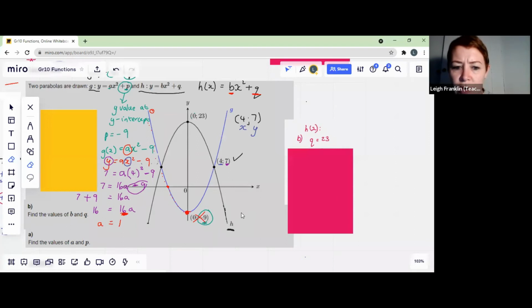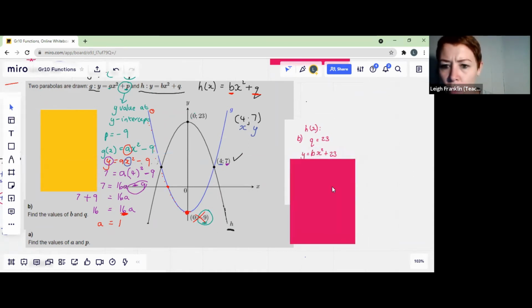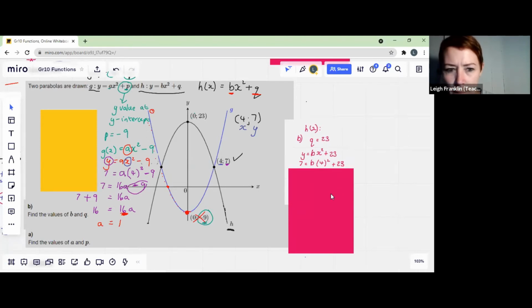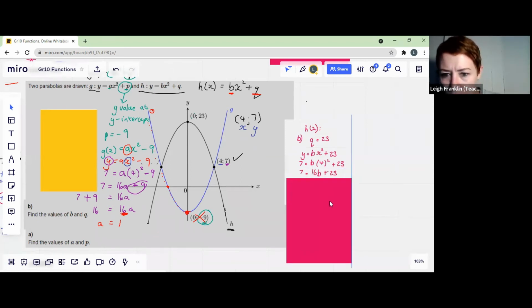Then I substituted the value of Y as negative 7, and then I said negative 7 is equal to B. And then I substituted the value of X as negative 4 to the power of 2 plus that 23. Negative 7 is equal to 16B plus 23. And then I added, I minus.